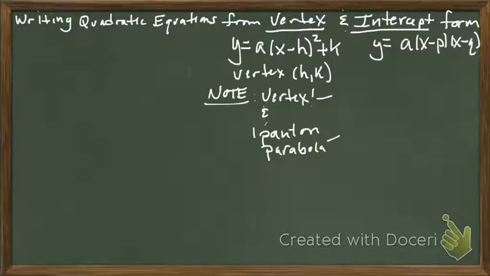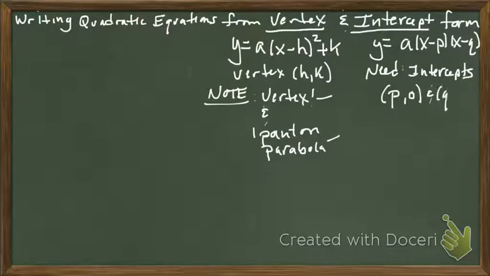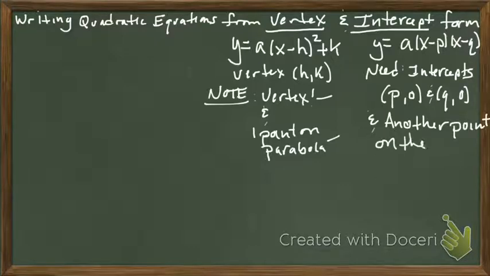Now, if you're going to write it from intercept form, you need the intercepts, which are going to be at p comma 0 and q comma 0, and another point on the parabola.